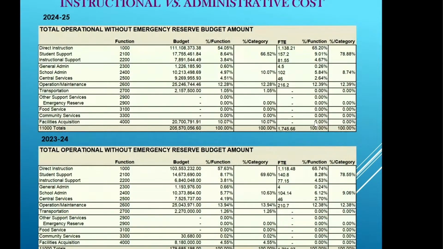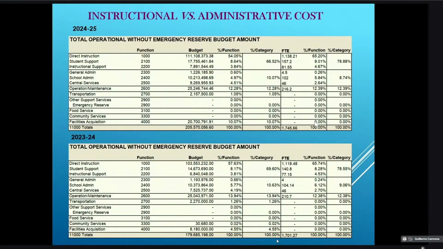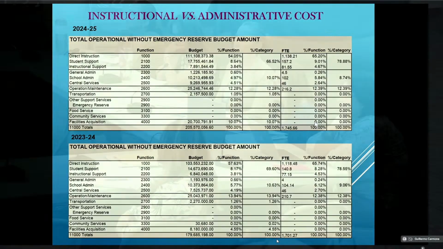Another item that we usually review is instructional versus administrative costs. So this is a comparison of 2024 to 2023, the budget as it was created this year versus the upcoming year. So you can see here that there's additional budget, and what you have here are the different functions.